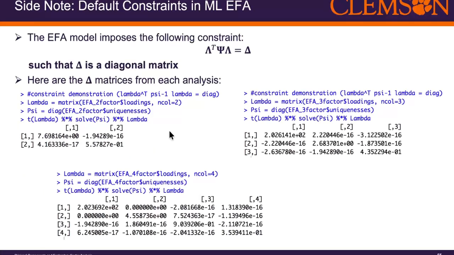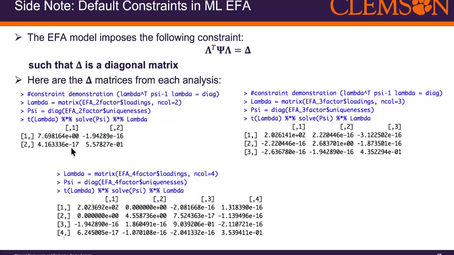So let's take a look at the four-factor. And here, actually, this is not the four-factor solution. This is looking at the constraints themselves from each of these models, the two-factor, three-factor, and four-factor models. I formed the constraint matrix. So basically, I took the loading matrix, took the unique variance matrix, and made this matrix product. And I did this to show you that these off-diagonal matrices have values very close to zero.